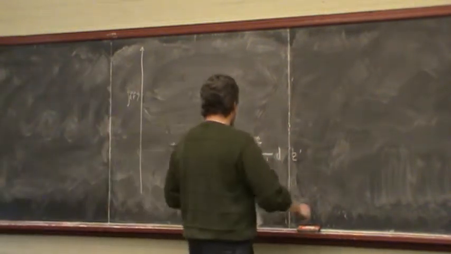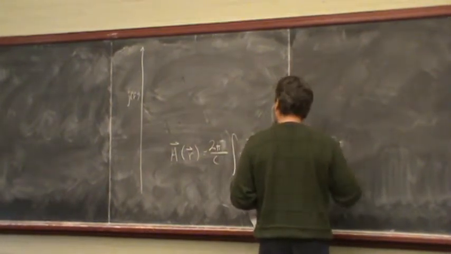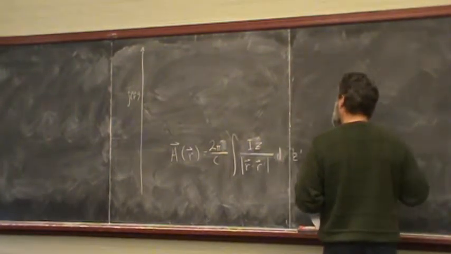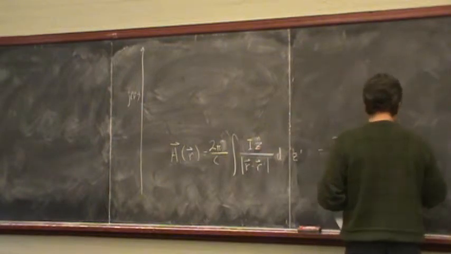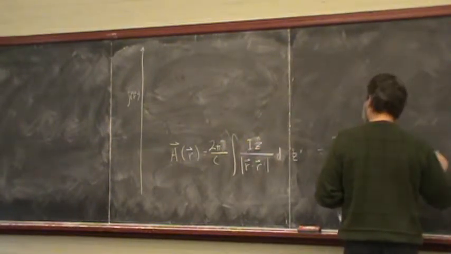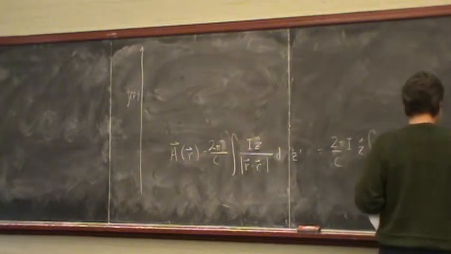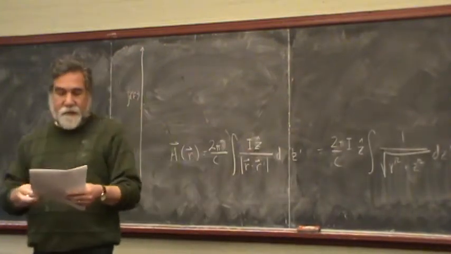And then to write this explicitly, that's 2 pi over c I integral, I can take the z hat out, 1 over square root of r squared plus z squared, z prime, r prime, dz prime. That's the integral that we have to do.